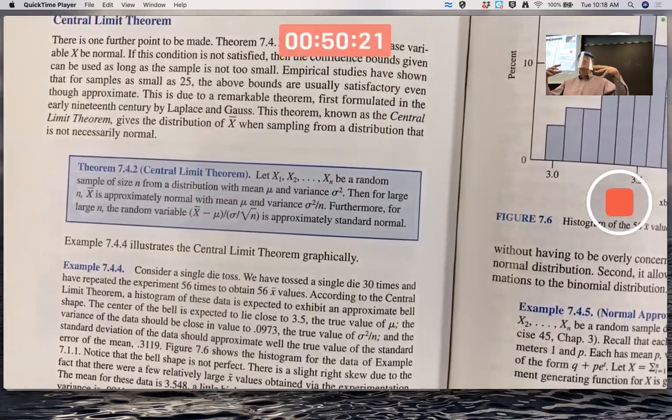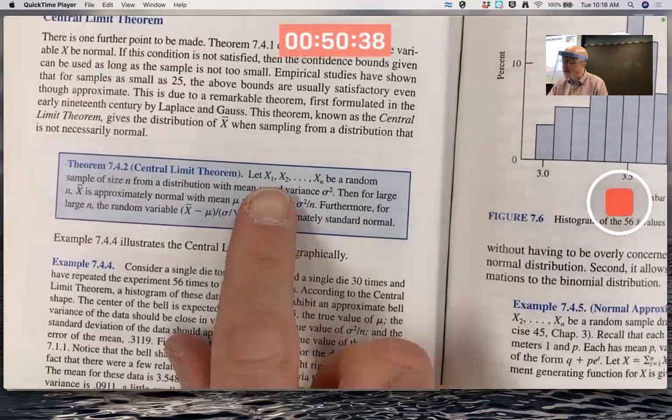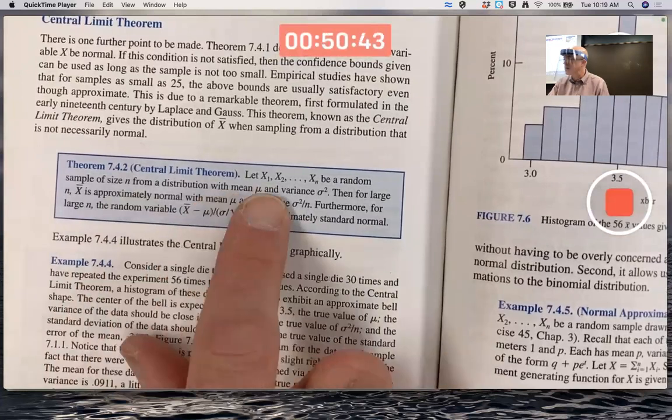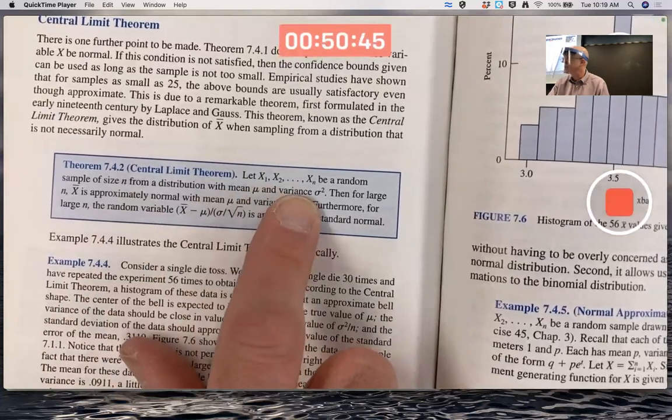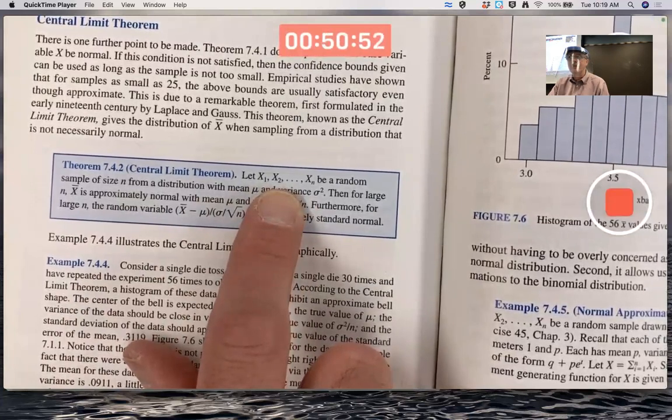There is a version of the central limit theorem that is very precise. You can describe exactly what everything means, and therefore you can prove it precisely. But it goes beyond the scope of our class. So we are satisfied with this as is. If you've got a random sample of size n, the underlying assumption then is these all have the same distribution and they're all independent of each other.